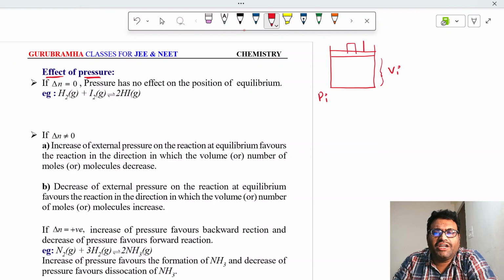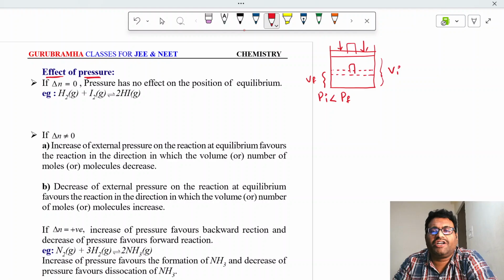Now if you increase pressure so that the piston moves down, then P final is greater than P initial, so that V final will be less than V initial. Initial volume is more, final volume is less.